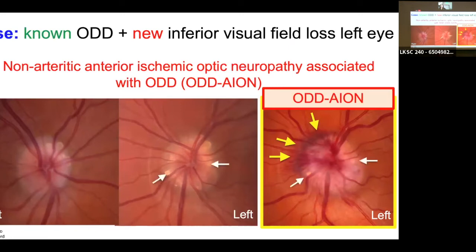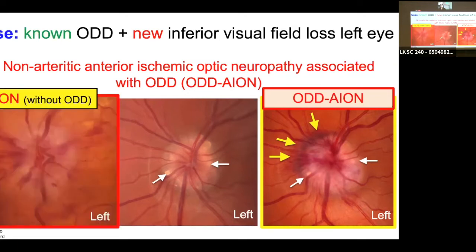You could see in the white arrow what the drusen look like, which is fairly clear and visible, but in the acute ischemic days it's actually harder to see the drusen, and it's true on color imaging as well as autofluorescence imaging. This is a regular ischemic optic neuropathy without optic disc drusen, and you can see it looks swollen, but relatively flat compared to the volcano and the crater that seems to be of optic disc drusen.